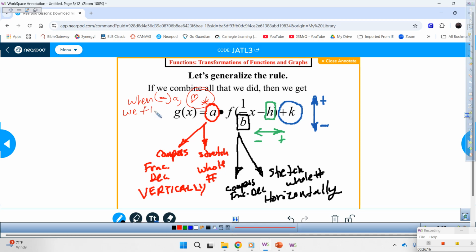We flip it. Yes. We flip the function. Quick note, just keep that in mind because you are going to encounter those for your homework.